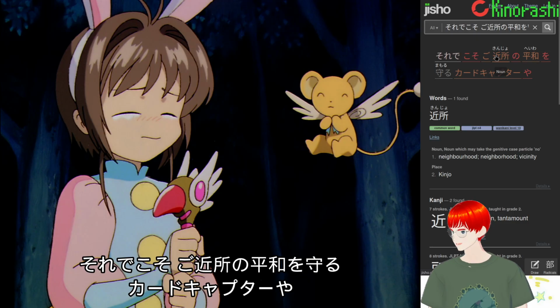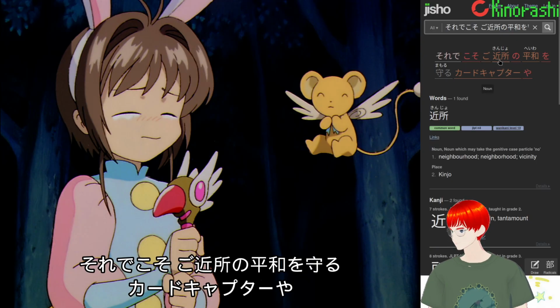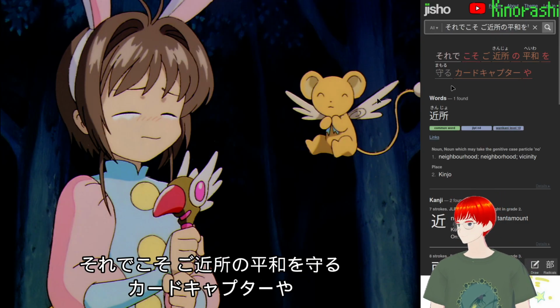Let's see, gokinjo, neighborhood, peace. Gokinjo no heiwa, so neighborhood peace. Mamoru, protect. So that's the reason the card captor is protect. Okay, the card captor is a neighborhood peace protector.